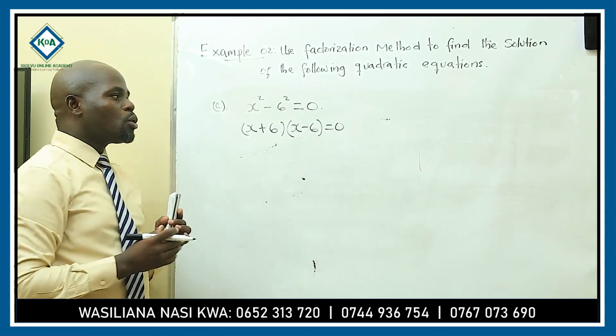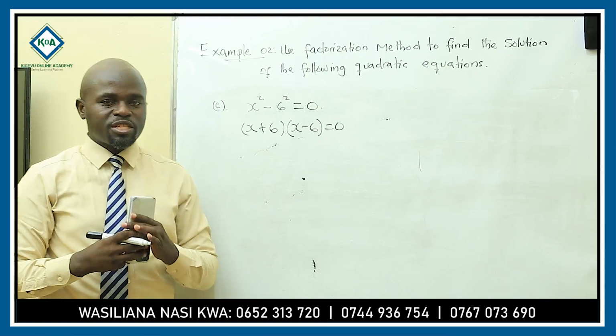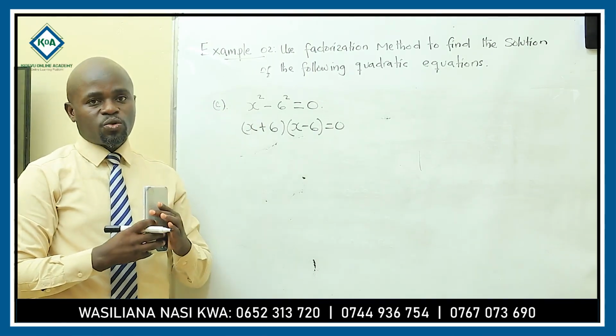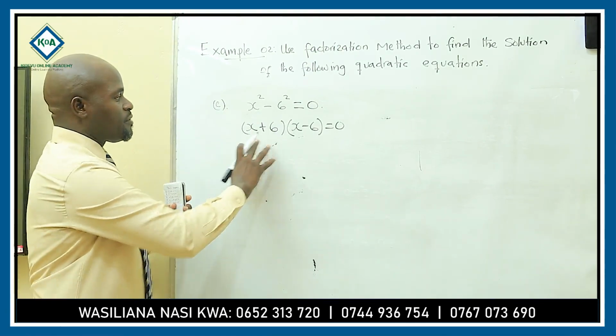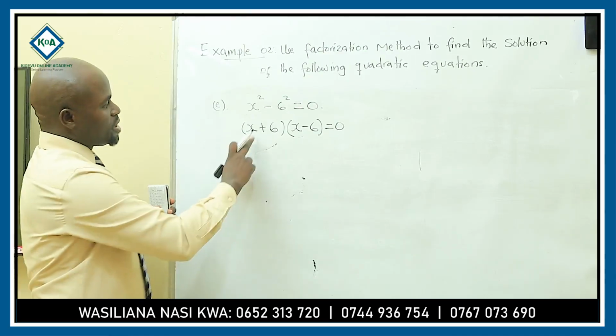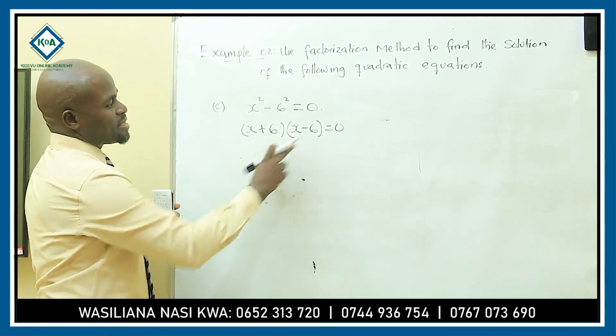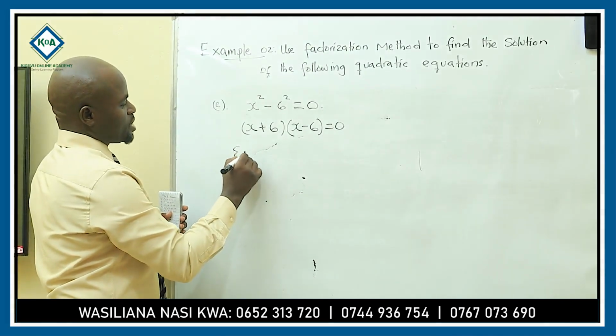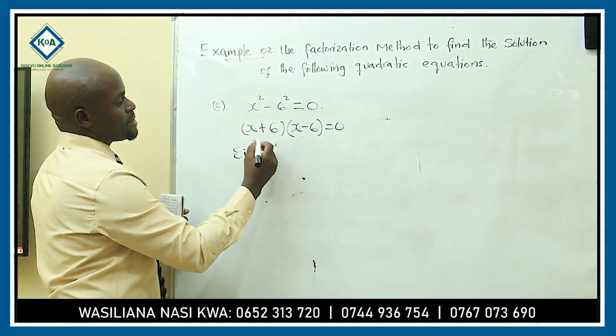Yes. So all equations or quadratic expressions which are written in the form of difference of two squares, their factors will be the first you add, then the second you subtract. So it will be x plus 6, then x minus 6 is equal to 0.